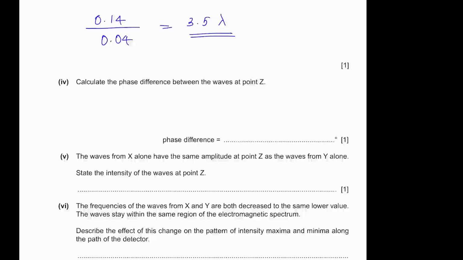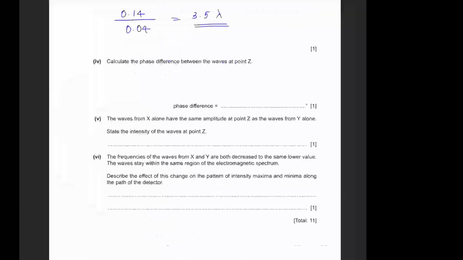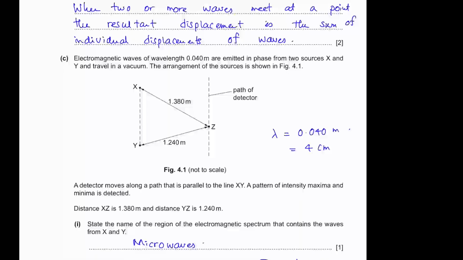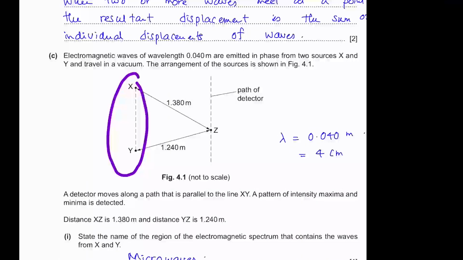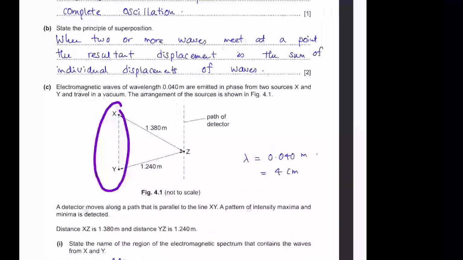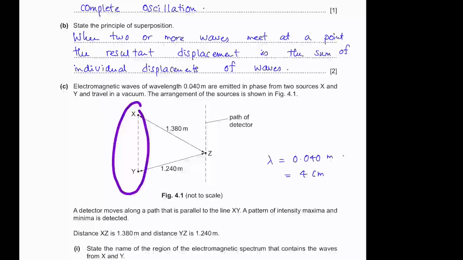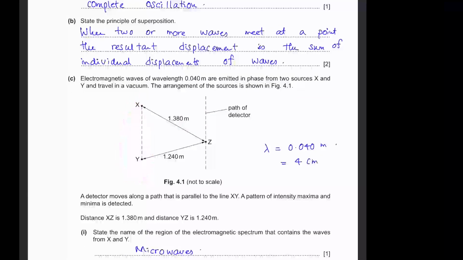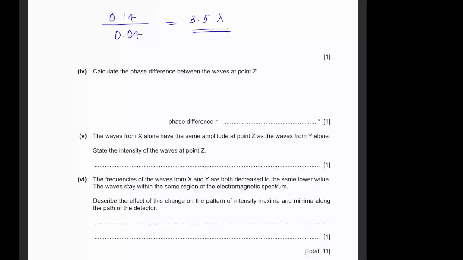Calculate the phase difference between the waves at point Z. At X and Y, the two waves were initially in phase. Then by the time they reach point Z, there is a phase difference.